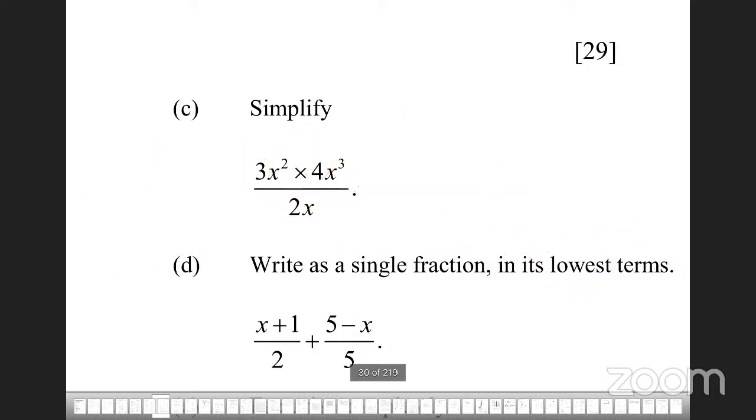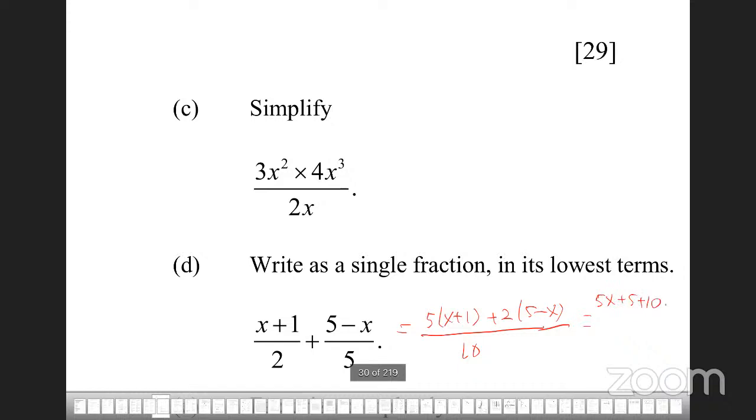And the last part, you multiply 2 by 5, that is 10. Then it's 5 by x plus 1 plus 2 by 5 minus x. Correct? Then you work it out. 5 by x is 5x. 5 by 1 is 5. 2 by 5 is 10.